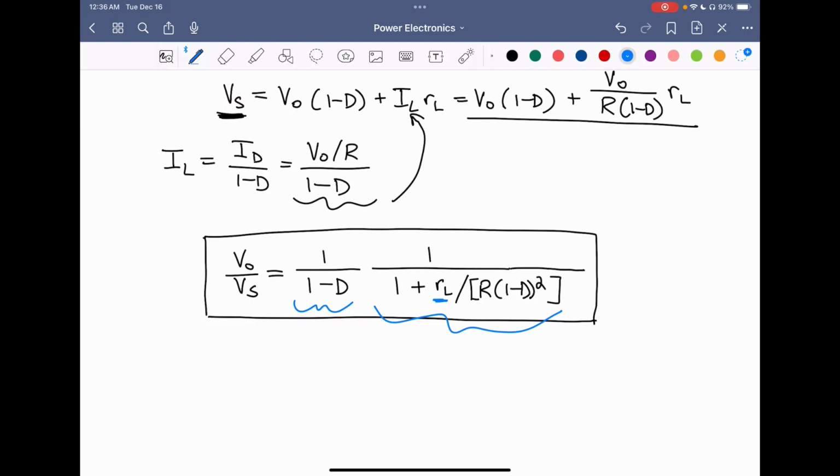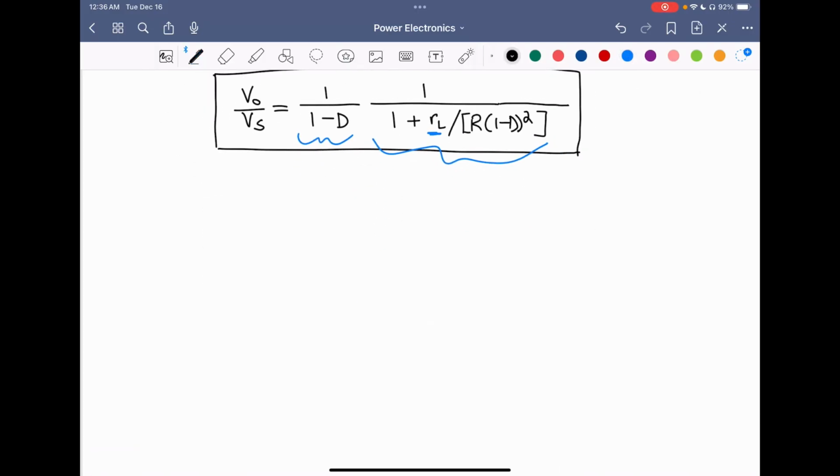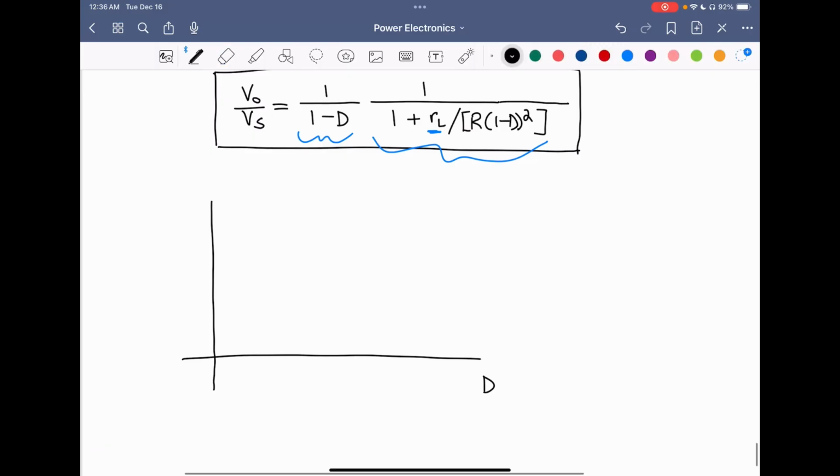So what it turns out is that the conversion ratio will look something like this. So for the ideal boost converter, if we draw the duty cycle axis, where this is 1 and this is 0, in the ideal case for duty cycle equals 0, the conversion ratio, V out over Vs, is just equal to 1.